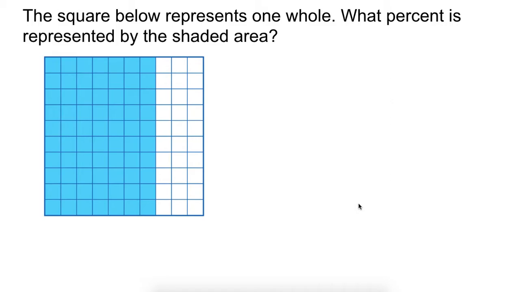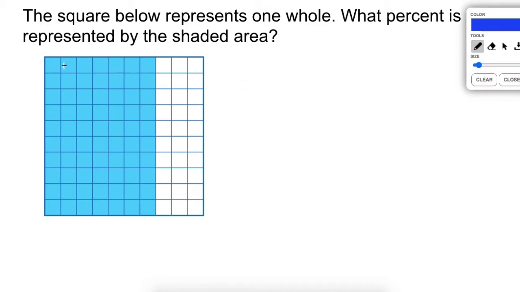On these first ones, you can take a look at the squares. We have a 10 by 10 grid, and you're going to see this quite often. If you have a 10 by 10 grid, then each one of these squares is 1/100th, or 1%.